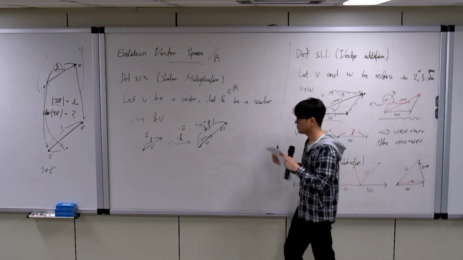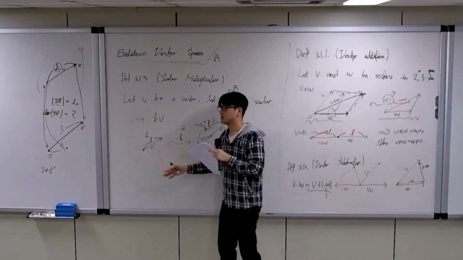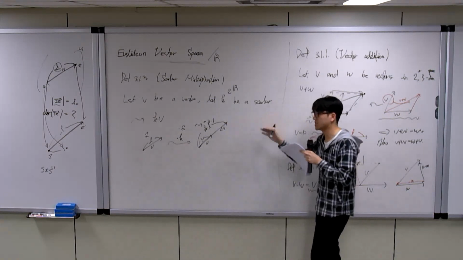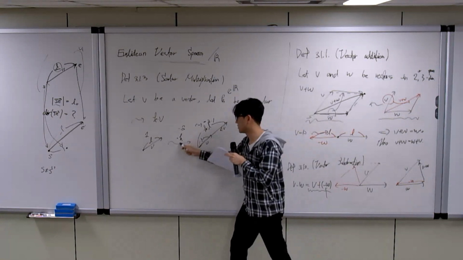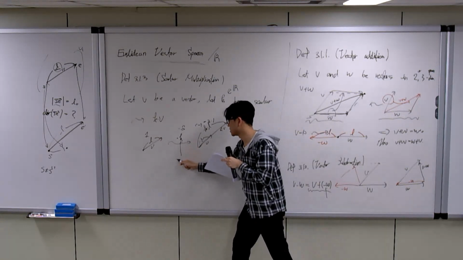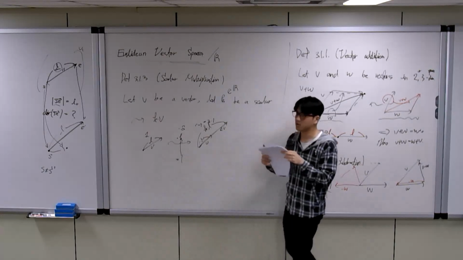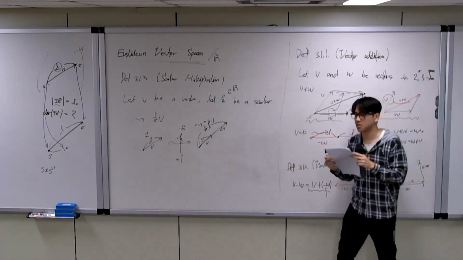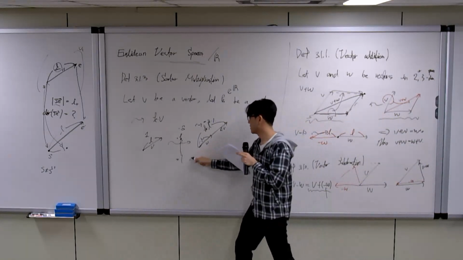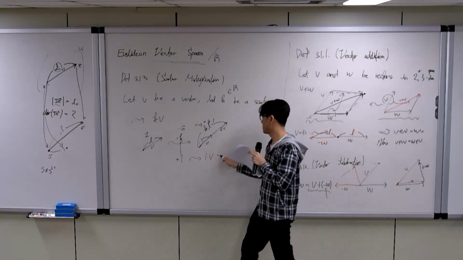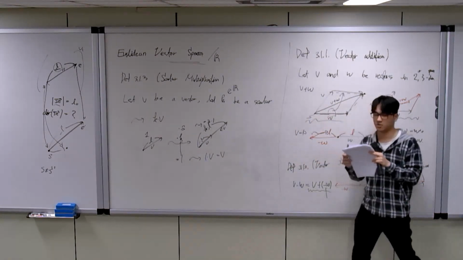And so in this definition, we can guess if you choose 1, the scalar multiplication by 1, then it does not change the vector.